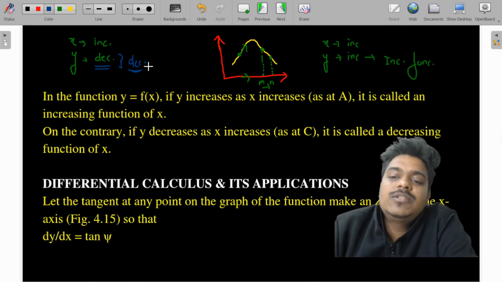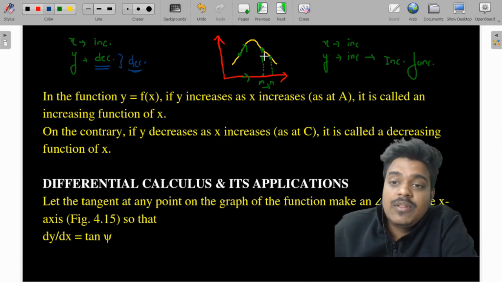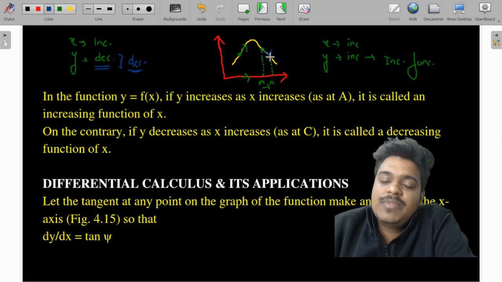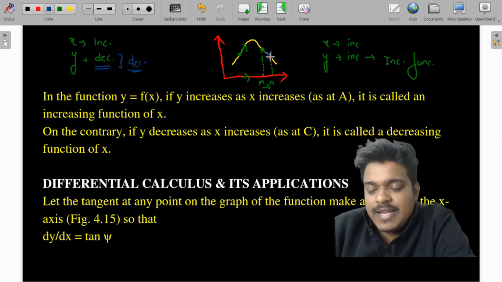So we understood the physical significance: with a positive change in the value of x, the value of the function is increasing or decreasing. If it is increasing, the function is called an increasing function, otherwise it is called a decreasing function.